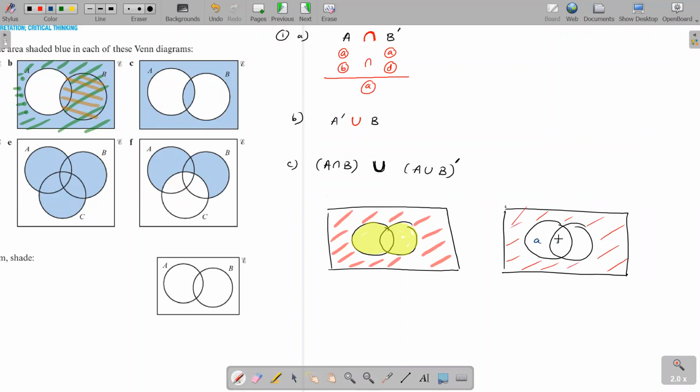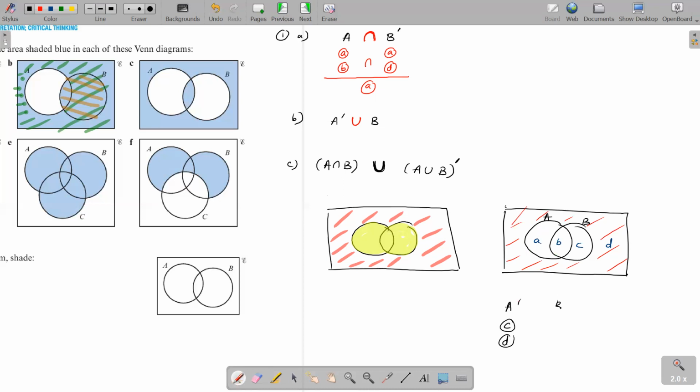Let's say these are simply A, B, C, and D. This is circle A, this is circle B. Guys, A dash means what? A dash means the region outside circle A. That's C and D. Do you agree with me? A dash is C and D, right?